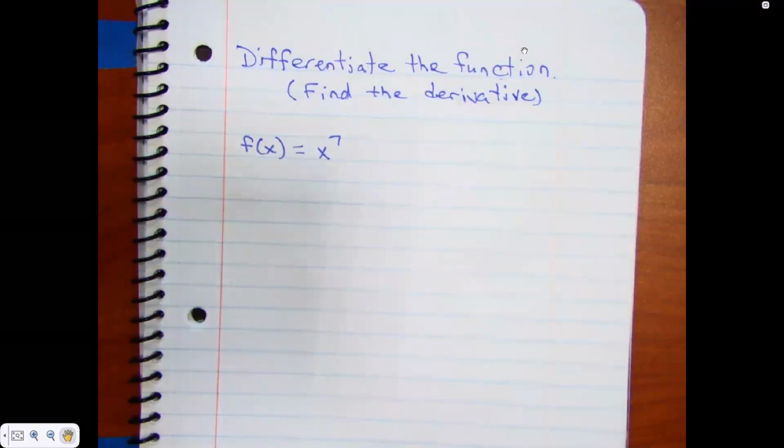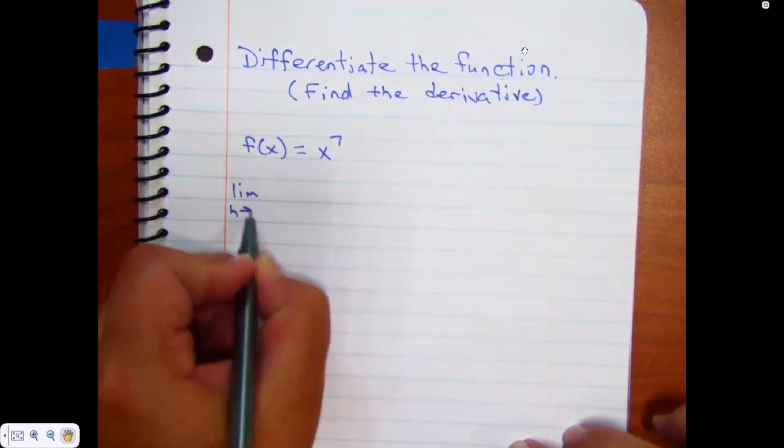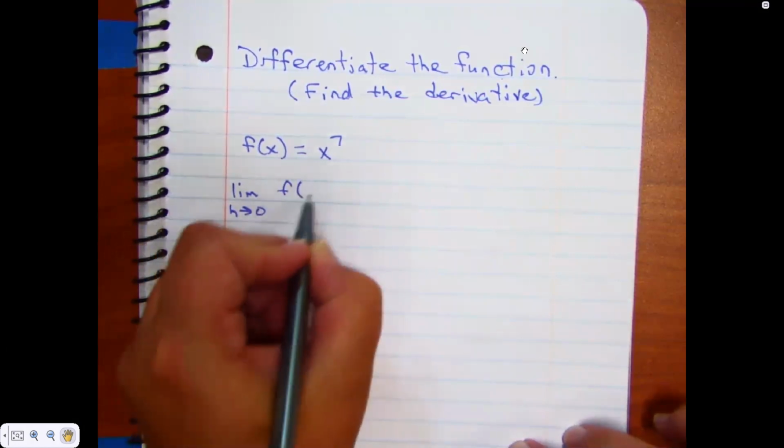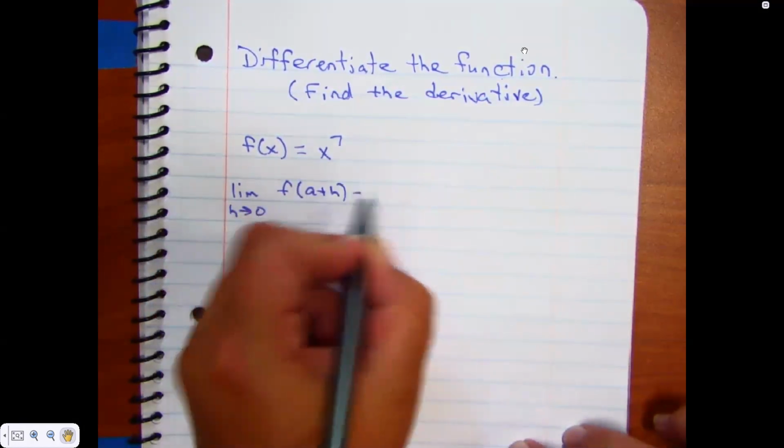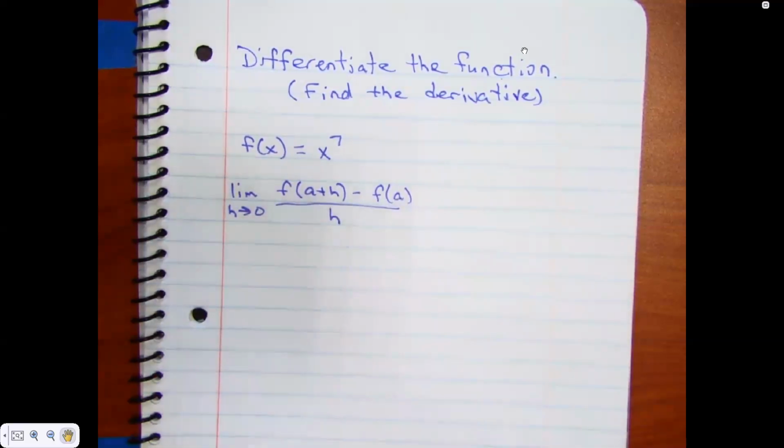Now, the first day, well, maybe not the first day, because the first day we were given a number. So yesterday, what would we have done? We would have said the limit as h approaches 0 of f of a plus h minus f of a all over h. And that works.